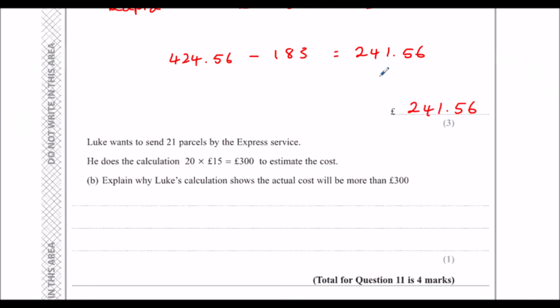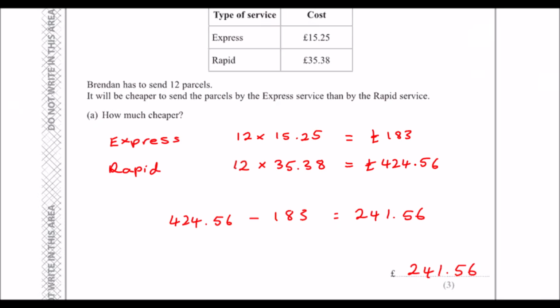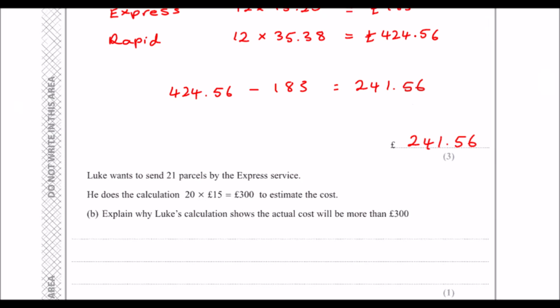Luke wants to send 21 parcels by the express service. He does the calculation 20 times 15 equals 300 to estimate the cost. Explain why Luke's calculation shows the actual cost will be more than £300. So he's rounded both numbers down.